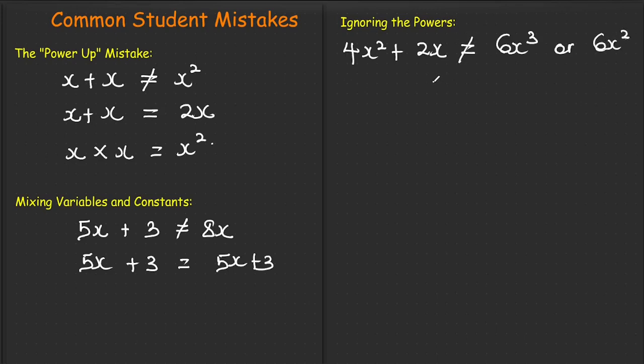No, that is also wrong. Take note, we said they are like terms only if the variables are the same and the powers on the variables are also the same. Over here we have 2, but here there is 1, but it's not written. Hence, 4x squared plus 2x remains just as it is.